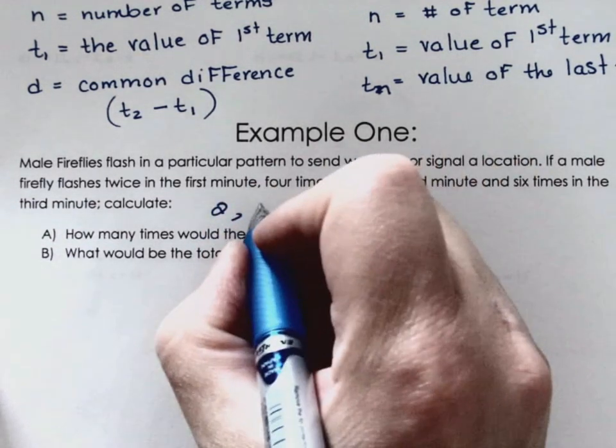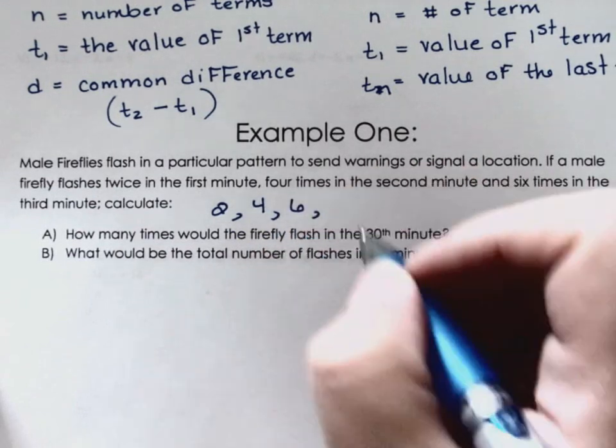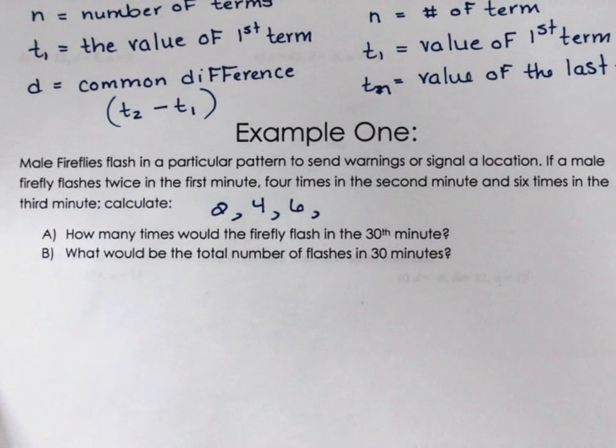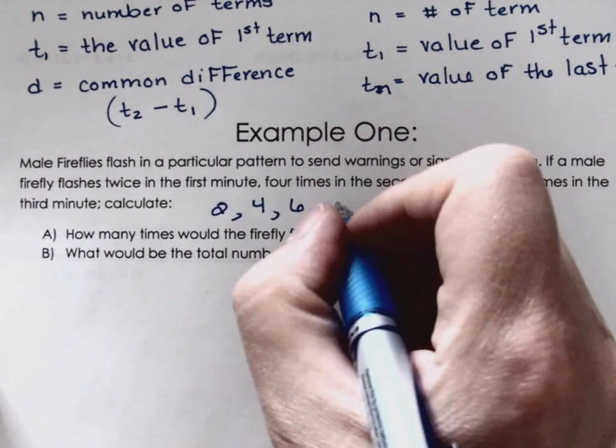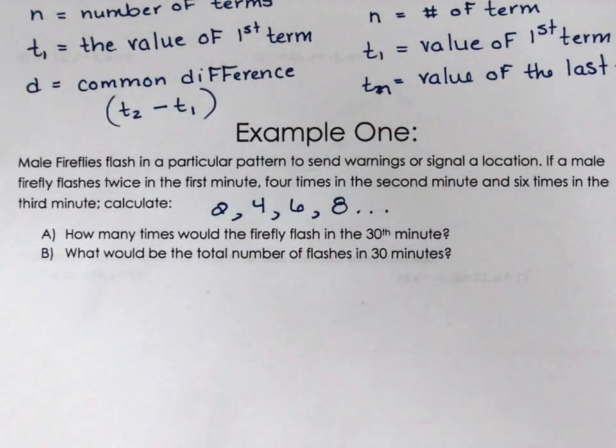What's my second term? 4. What's my third term? Knowing that information, what's my fourth term? 8, right? So I think you guys have the pattern. What's the common difference here? 2, right? So we're adding 2 every time. So you found the common difference, and you know what T1 is.